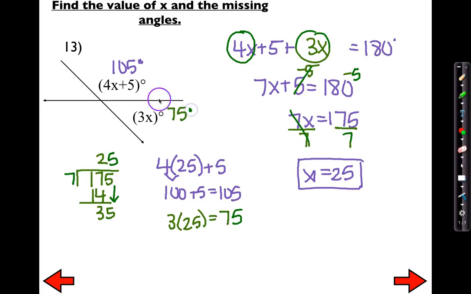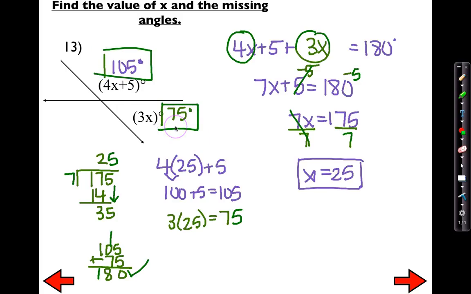Now again, it would be a good idea for you to double check to see if it really does equal 180. So 105 plus 75. Do they add up to 180? Yes, they do. So I'm pretty confident that this missing angle is 105 and that missing angle is 75. And the value of x, of course, is 25.